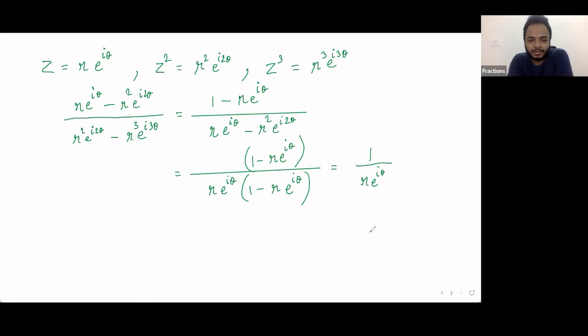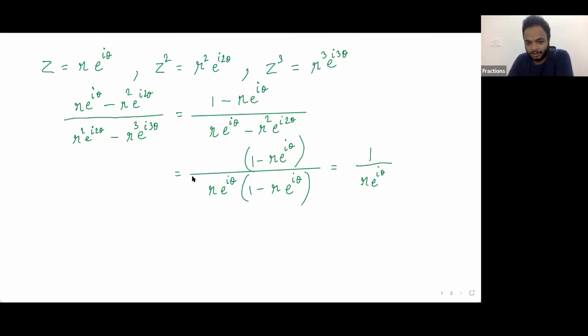The other thing to note is that we have cancelled this 1 minus r times e to the power i theta. So now, if r times e to the power i theta is equal to 1, then this would have become 0. So in that scenario, basically z would have become 1. And so in that case also, z becomes a real number.